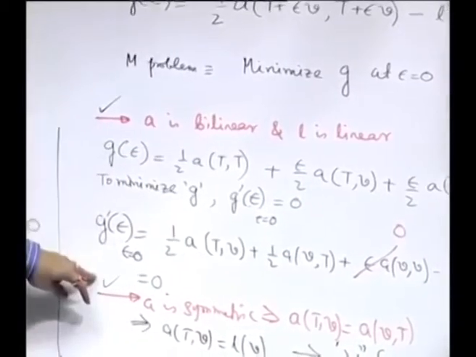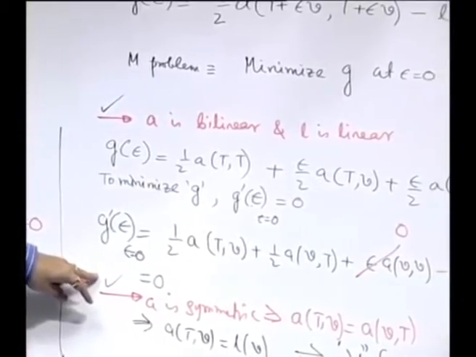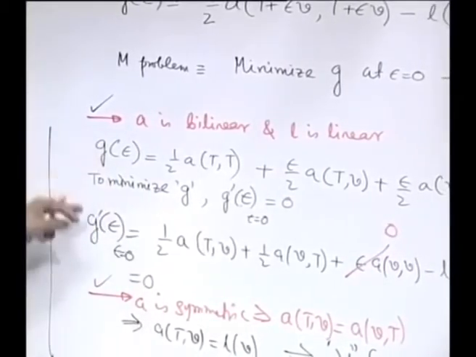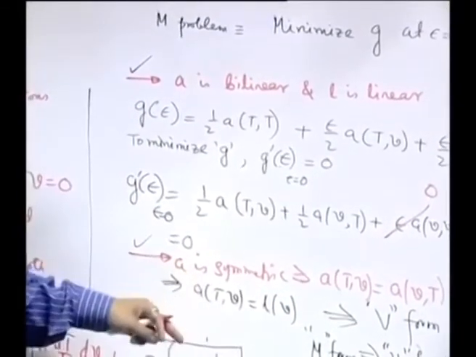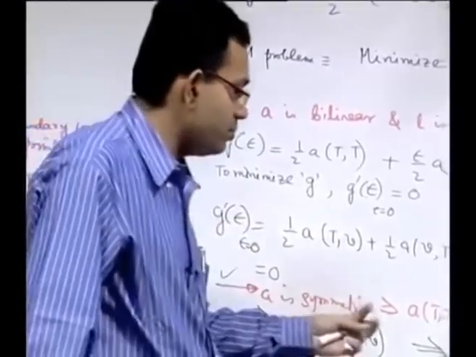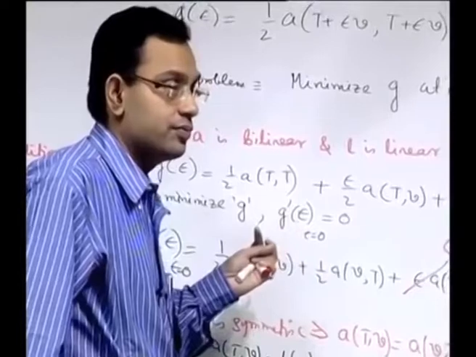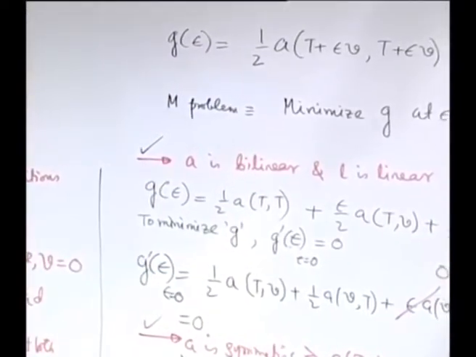These are the conditions which are mentioned. So that means starting from the M form you could arrive at the V form. Question is, could you do it the other way, that is starting from V form could you arrive at the M form? So let us try to see whether that is possible.